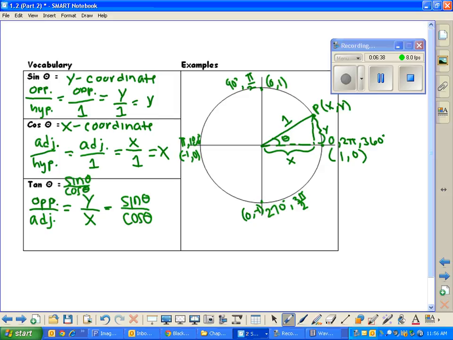So when we are asked tangent of an angle on the unit circle, we're going to need to know the sine and the cosine. So it's not any new information. It's just remembering that this is how to find it. We know the sine and the cosine because you know the coordinates. I know that from the quizzes yesterday because you guys did really well.